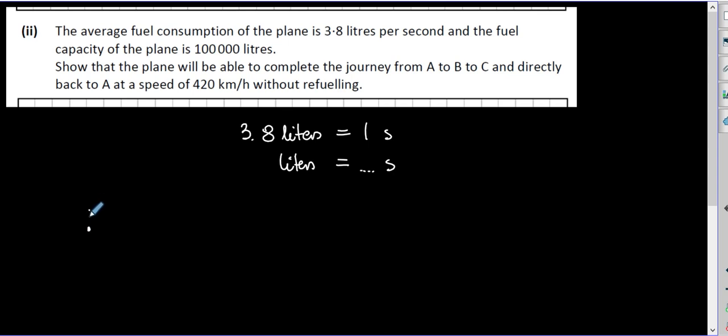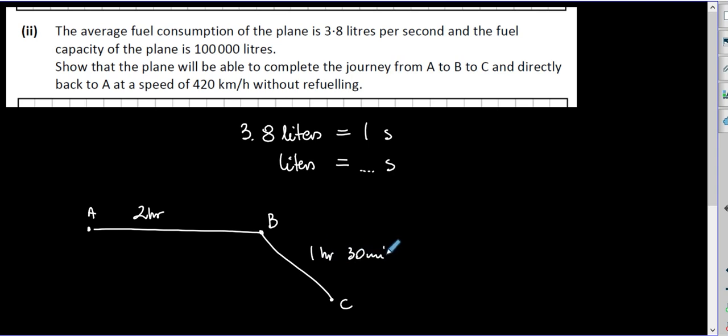We are told that from A to B it was 2 hours. From B to C, we just found out it was 1 hour and 30 minutes. And all we are missing is C to A. How long did it take to fly that? What do we know about A to C?